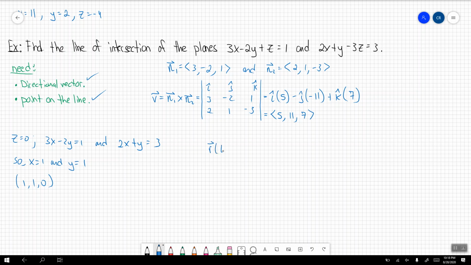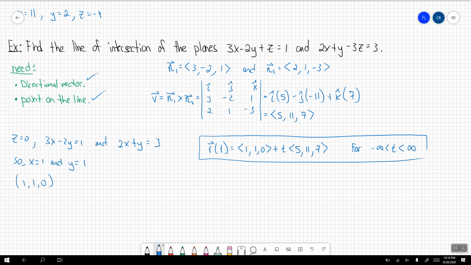For my vector equation, I need the original point in vector form. So that's going to be (1, 1, 0) plus t times the directional vector, and that directional vector was (5, 11, 7). And this is for t values that are unbounded, they take on every single value. So this is one answer.